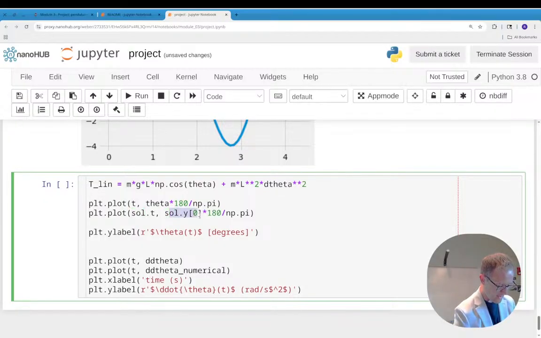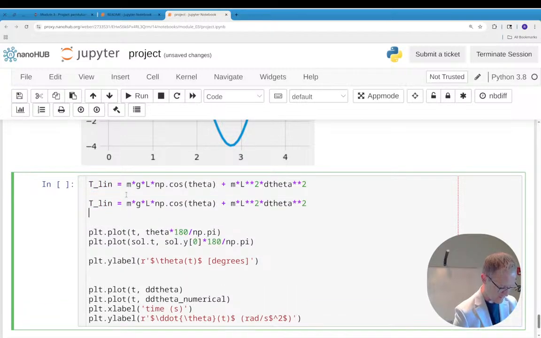SOL y is my nonlinear solution. So I'm going to take this whole thing, let's just copy this. Y0 is my first output from that SOL. That's all my angles. And then this one, I'll call it SOL Y1 and square that one. And now this is no longer linear, it's the nonlinear.